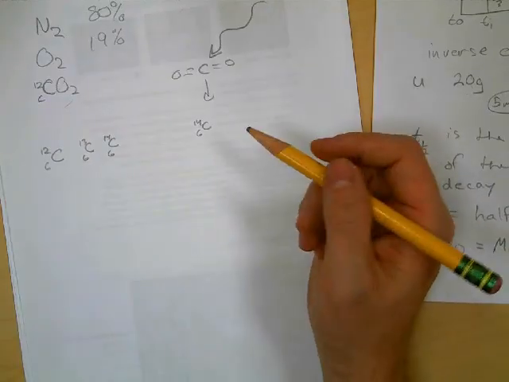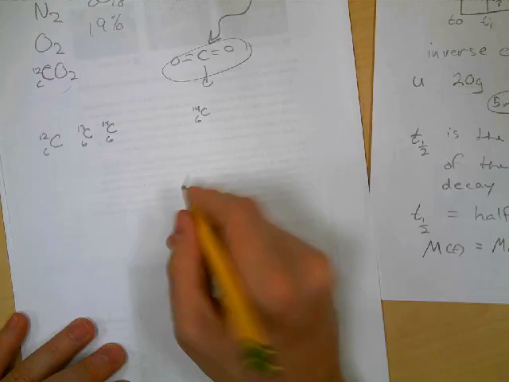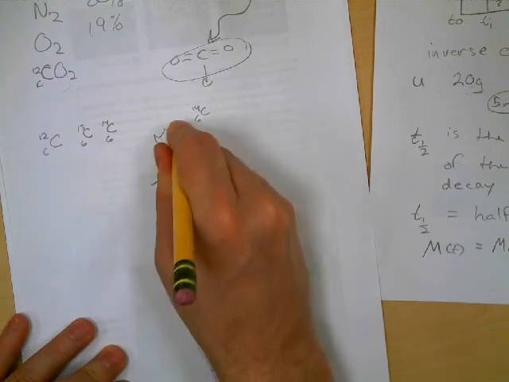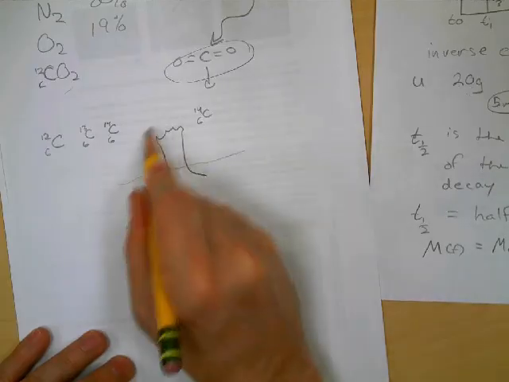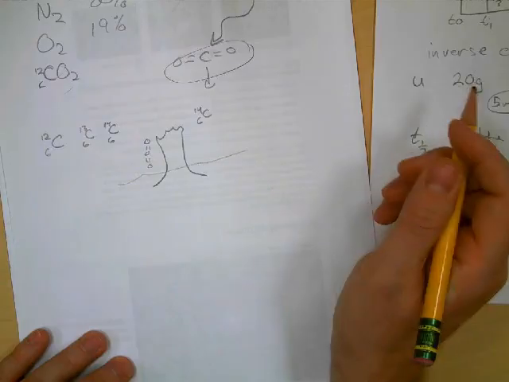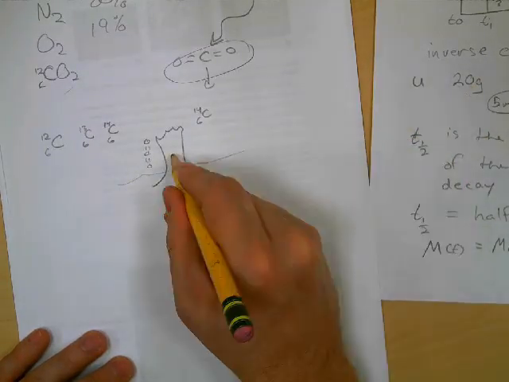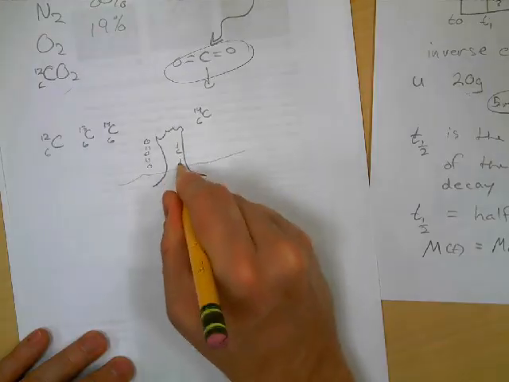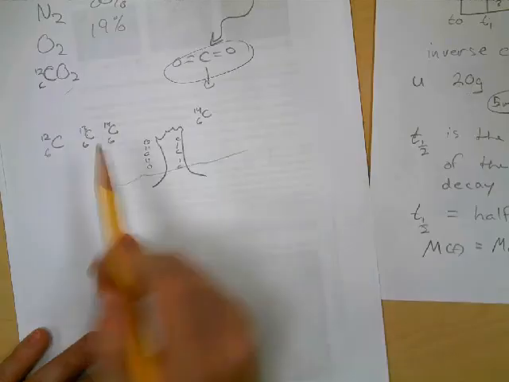Well, that CO2 molecule, that's what plants use to grow. So you'll have a plant. Here's my plant. Don't judge my plant. Okay, growing in the ground and absorbing those CO2s and using them to form sugars. Okay, breathing them in, you could say. And now the carbons that make up the structure in the plant are some 12s and some 13s and some 14s in about the same ratio, right?